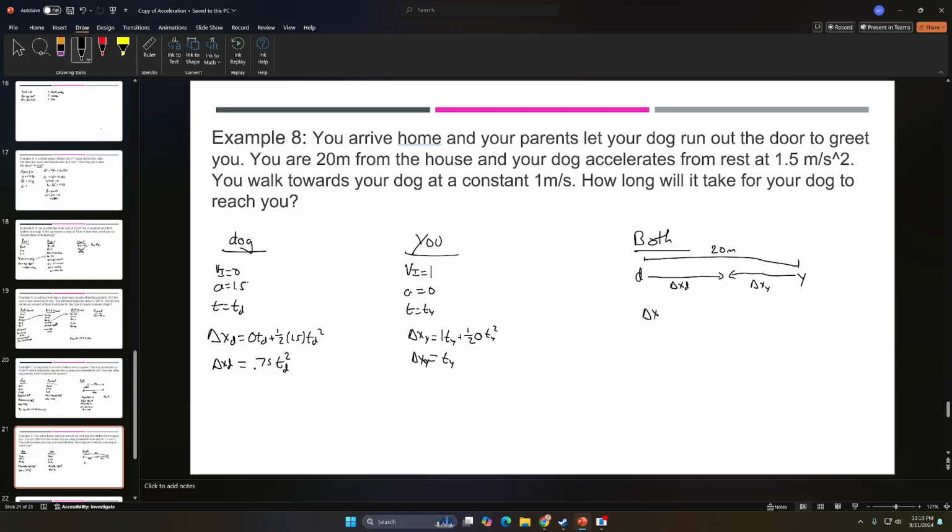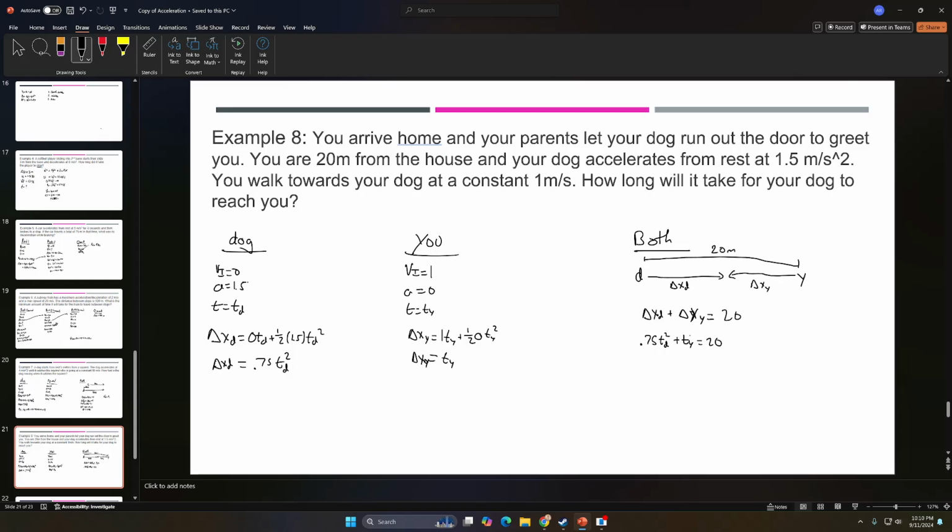Well, change in x of the dog plus change in x of you is equal to 20. So I've got 0.75 times t dog squared plus t for you equals 20.